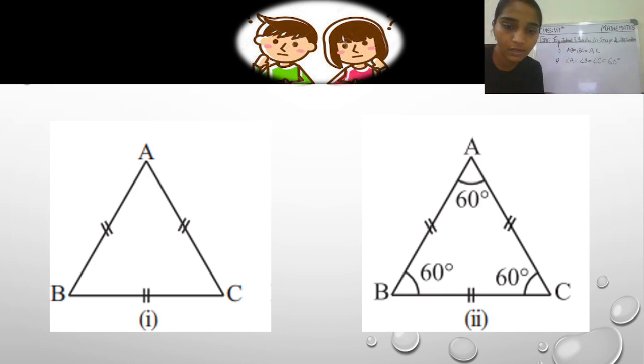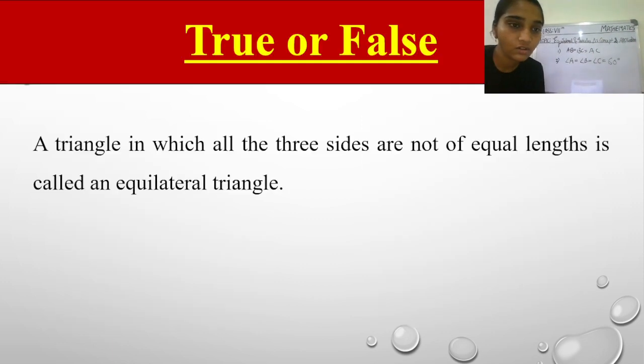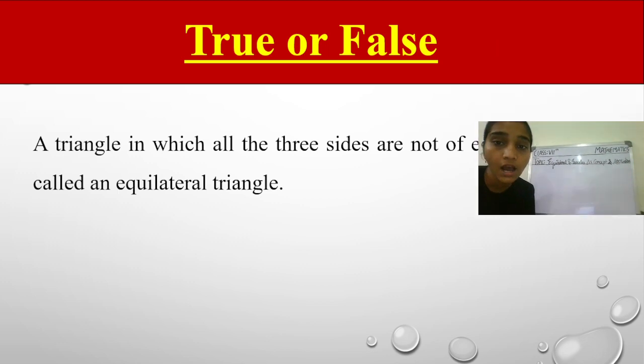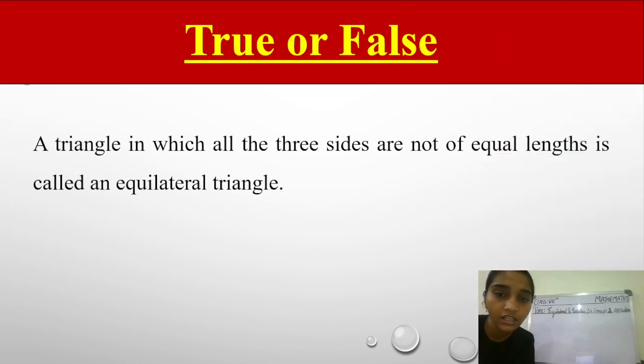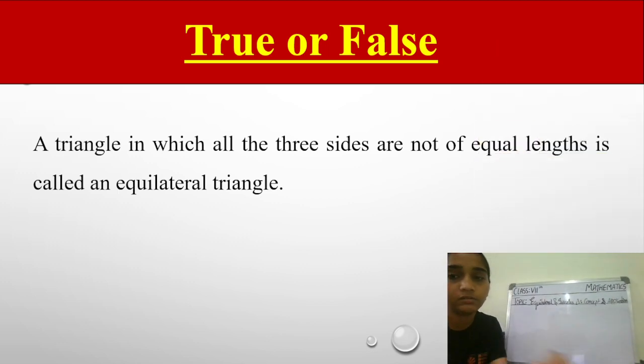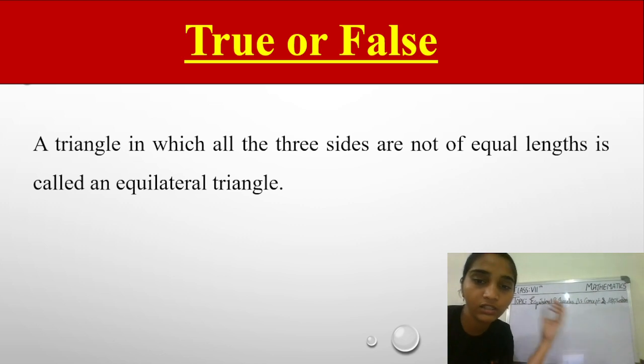Very good students. So now let's proceed ahead. Now it's your time to answer this true or false statement. First of all, read it very carefully. It is saying that a triangle in which all the three sides are not of equal length is called an equilateral triangle. So what is your take on this statement, is it true or false, students?